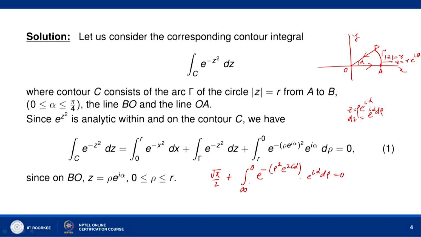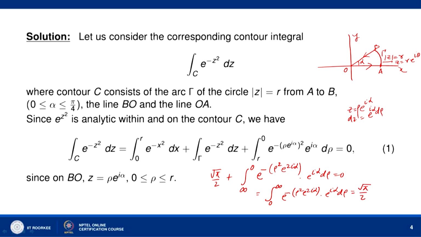So, when it goes to the other side, the limits will change to 0 to infinity. So, this becomes 0 to infinity e to the power minus rho square e to the power 2 i alpha into e to the power i alpha d rho equal to root pi over 2.